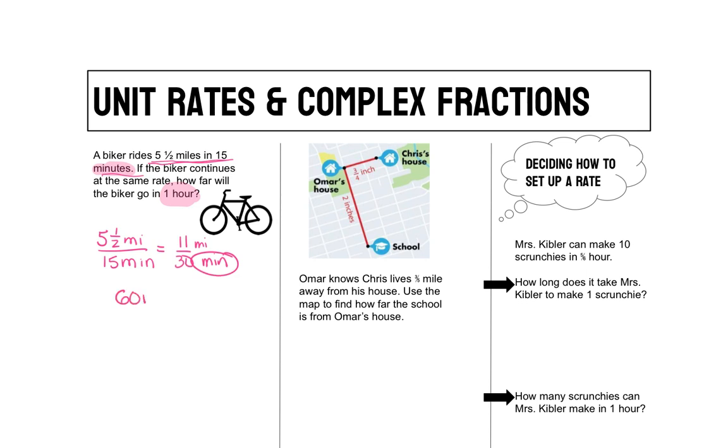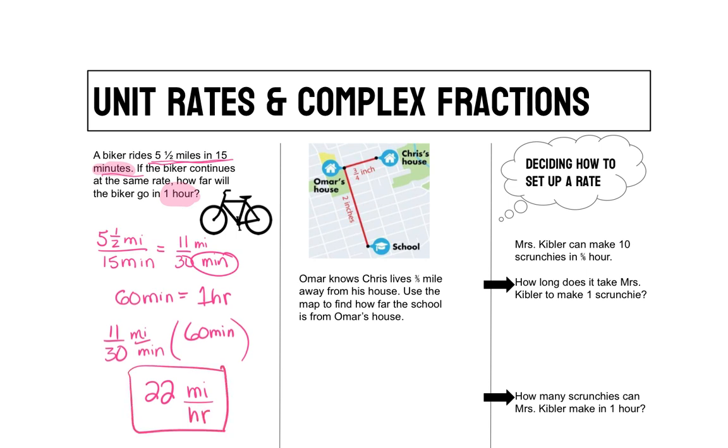There are 60 minutes in 1 hour. So we're going to take our 11/30 miles per 1 minute, and we're going to multiply this by 60 minutes. That's going to give us 22 miles per 1 hour.